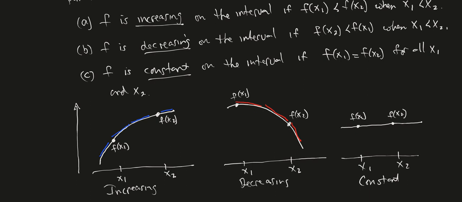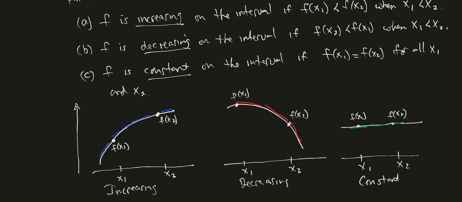And then look at constant. The tangent lines are themselves horizontal, right? It'd be like this. Because if the graph isn't going up or down, the tangent lines sure are not going up and down, right? So, then we know that the slope of the tangent line is the derivative, and if all these slopes are positive, then it means your derivative would have to be positive, right?